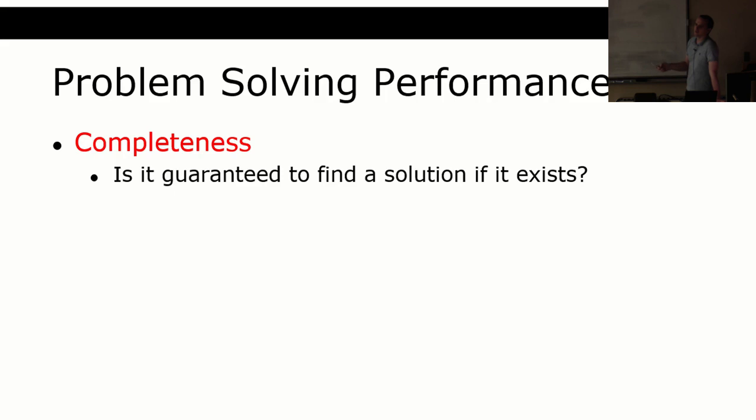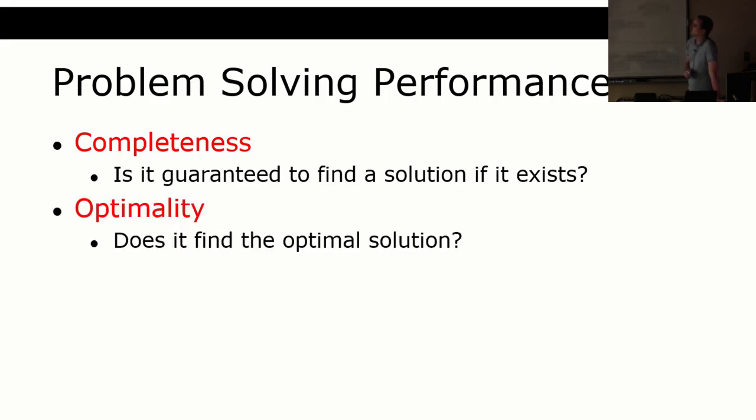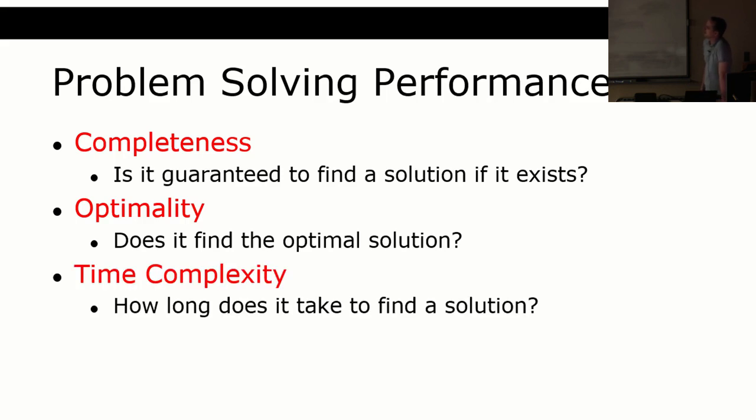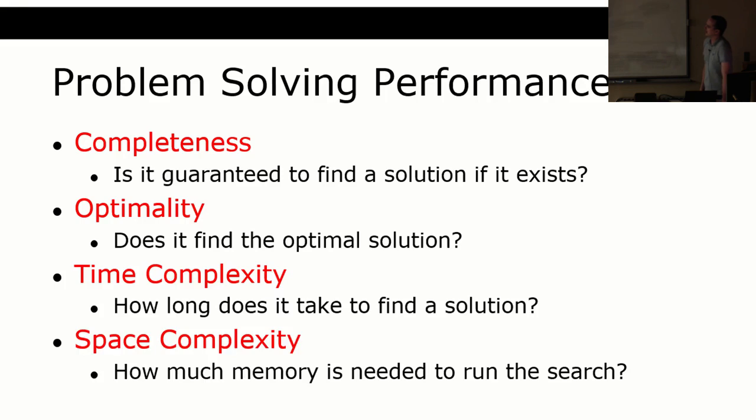If it's not complete, then we're not guaranteed to find a solution even if one exists. Optimality: does it find the optimal solution? If there is a solution, can it find the optimal one? Time complexity: how long does it take to find a solution? That's important, we're interested in time. And space complexity: how much memory do we need to actually run the search? If one of these is way too long, then we can't even hope to use the algorithm.